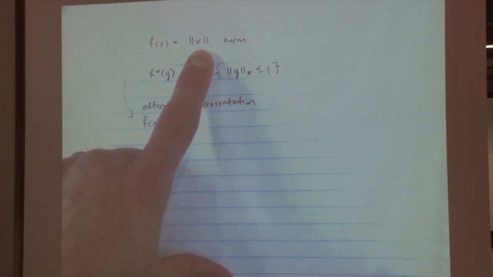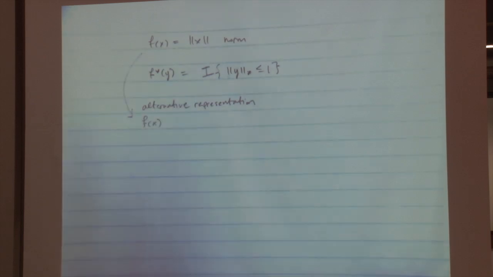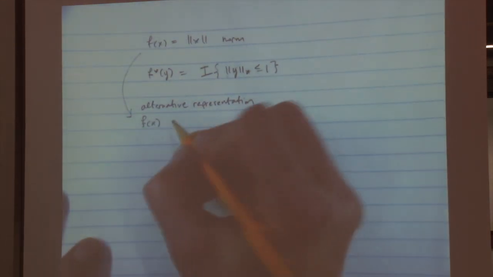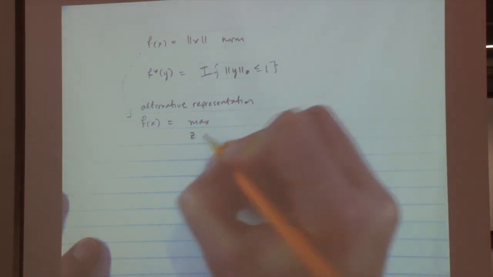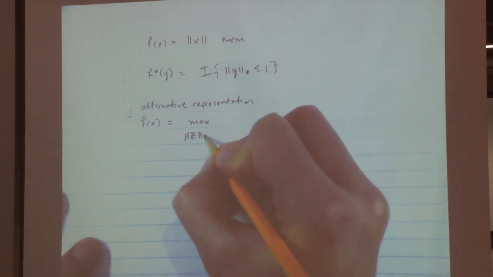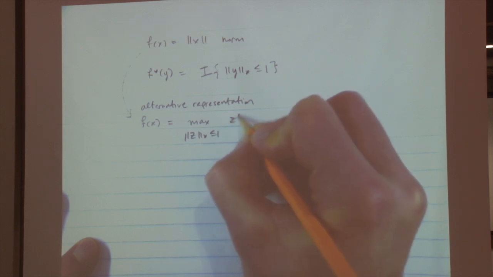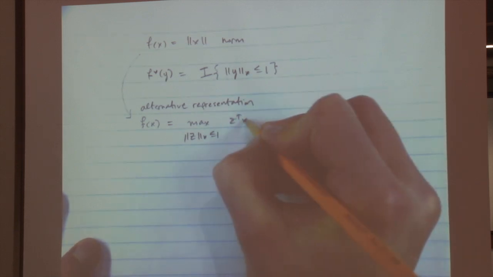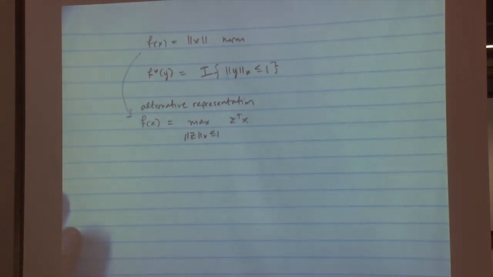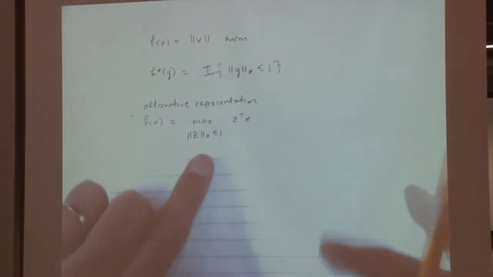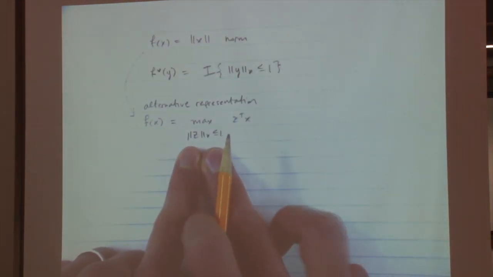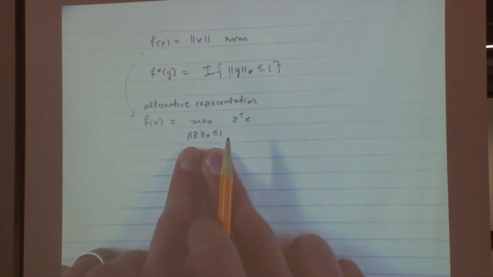What is it the dual norm of? The norm star, right? Because the dual of the dual is the original norm. So I can always write this as the maximum over all z that have dual norm less than or equal to 1 of z transpose x. It's an alternative representation for the norm of x. Because this guy is equal to the dual of the dual norm, which is the original norm.